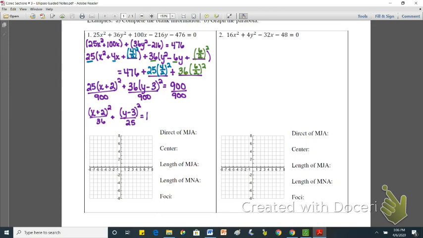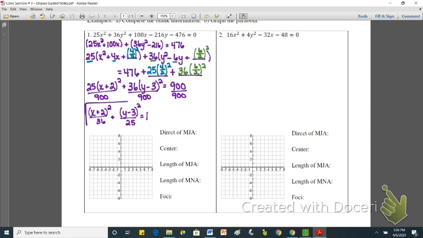So I check. Does it have a plus sign in the middle? Yes. Is it equal to 1? Yes. Is my biggest denominator first? Yes. That is the standard form of the equation.